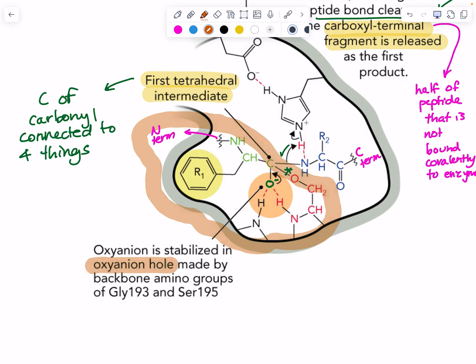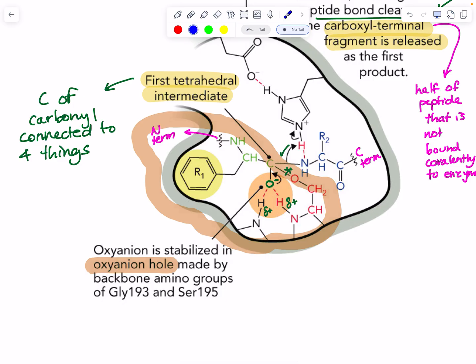And you'll notice that a couple of other amino acids form hydrogen bonds with that oxyanion. Remember that the hydrogen involved in a hydrogen bond has a partial positive charge. So think of these hydrogens as partial positive charges that are going to stabilize this negative charge by forming a hydrogen bond with them.